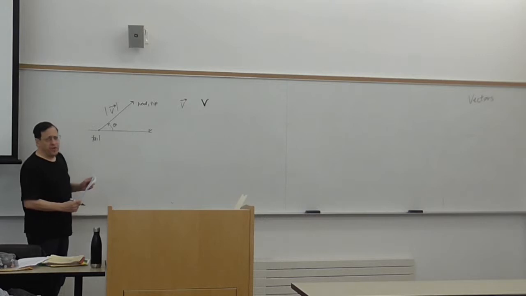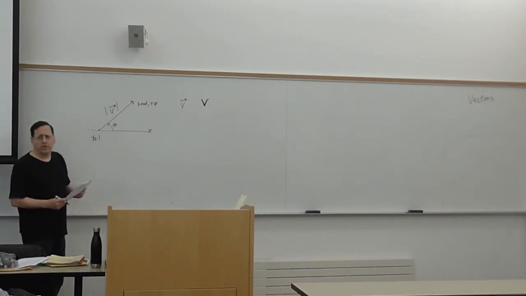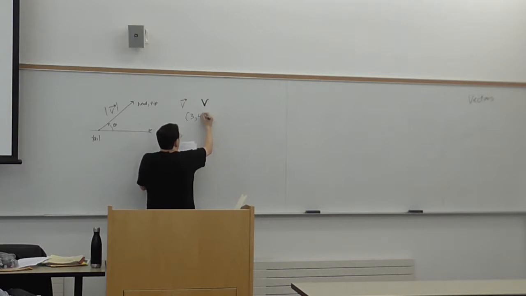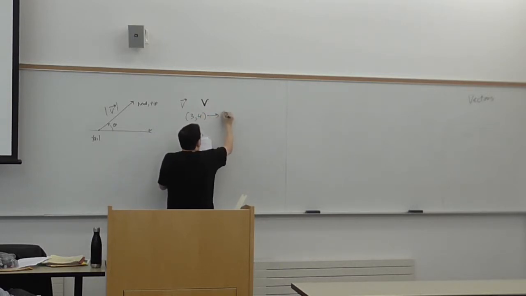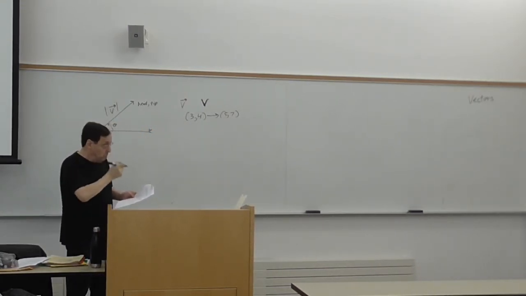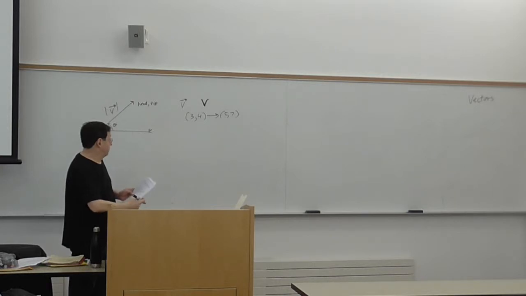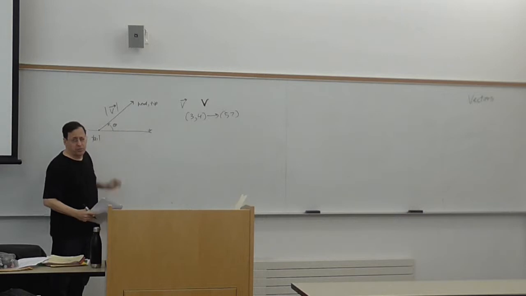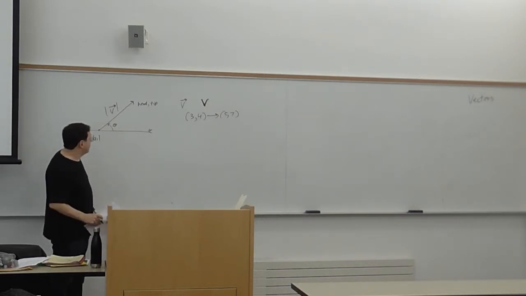We can also represent a vector by describing its endpoints. So, for example, I could have a vector that goes from the point 3, 4 to 5, 7. Those are Cartesian coordinates. But as I mentioned, the only thing that's important about a vector that we're looking at is its magnitude and its direction.